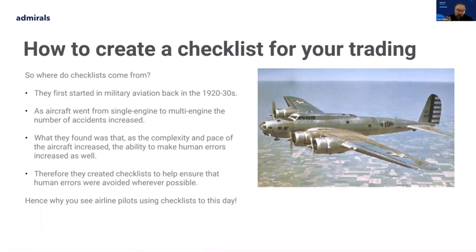And they found that as they went from single-engine to multi-engine aircraft, the number of accidents increased. The complexity of operation and the pace of things happening increased the ability to make human errors as well.